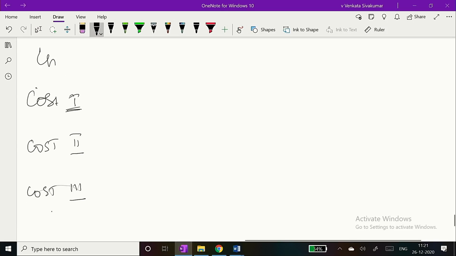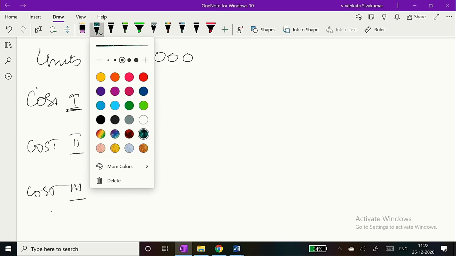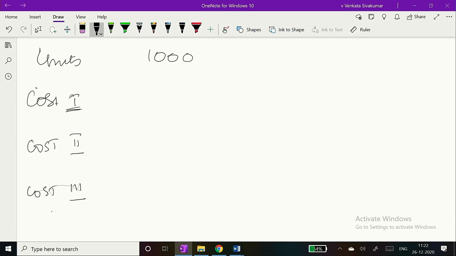And units produced: 1000 units, 2000 units, 3000 units, 4000 units. This is the production.